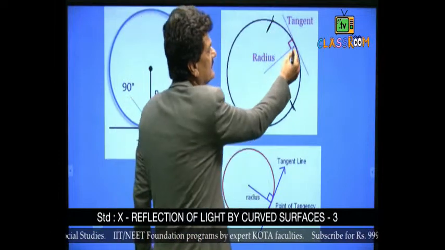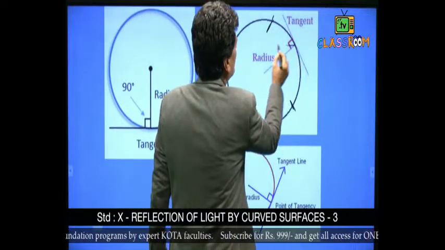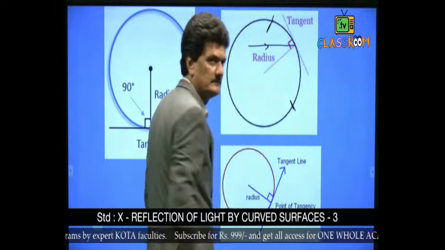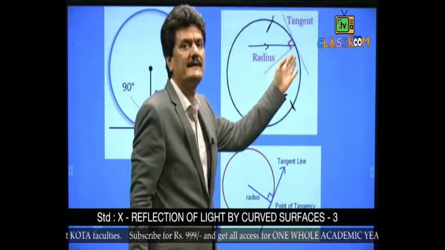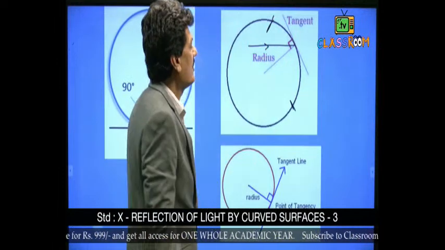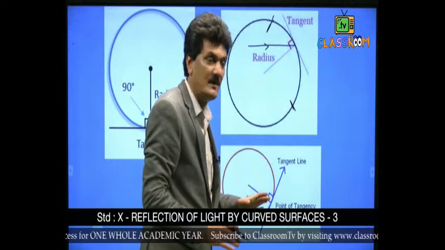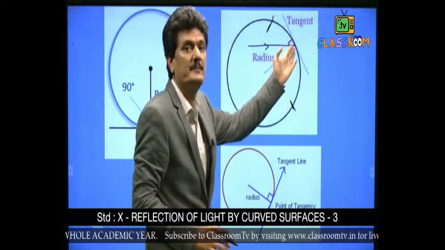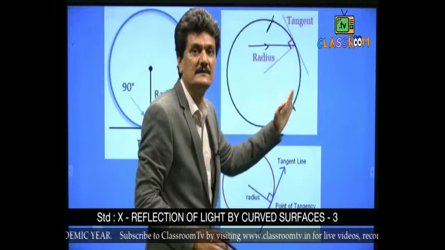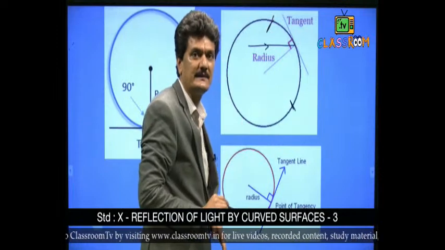So let us say at this point of tangency, one light ray is striking there. So now this point of tangency becomes the point of incidence. Already at this point, ready made for us, we have a line which is perpendicular to the circle, and that is the radius as per the tangent radius theorem.